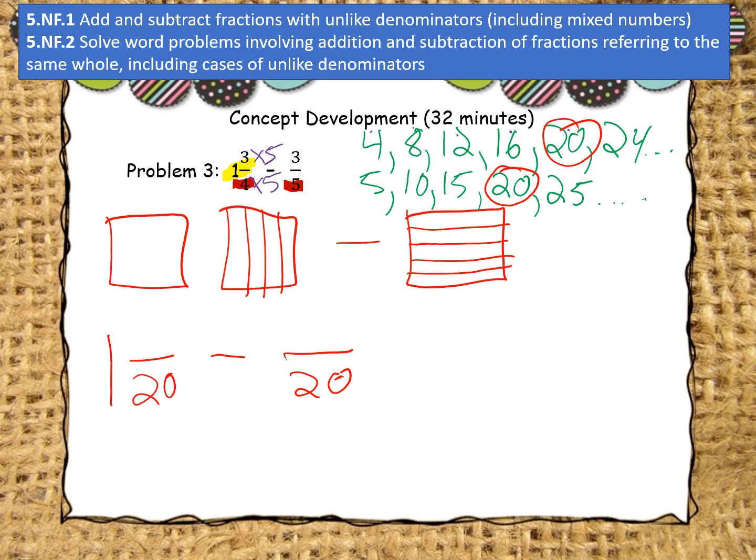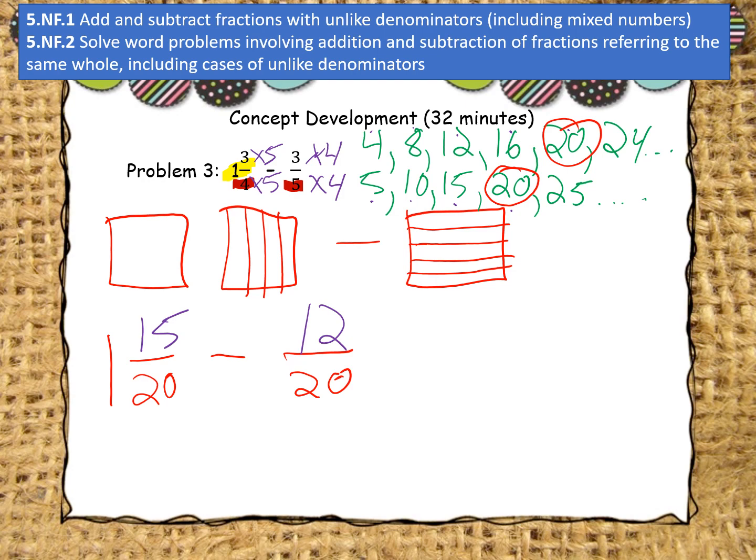The one that has 5 as the denominator, we're going to do times 4. So when we do that, we look back at the beginning and we have 3 times 5 is going to give us 15 20ths. And we look at the second fraction, 3 times 4 equals 12 20ths.